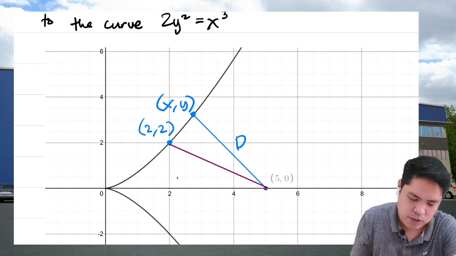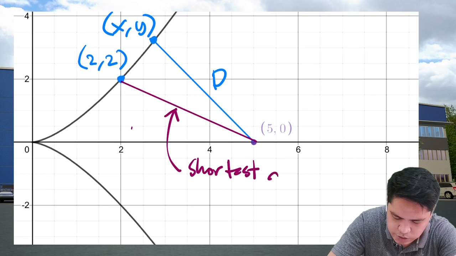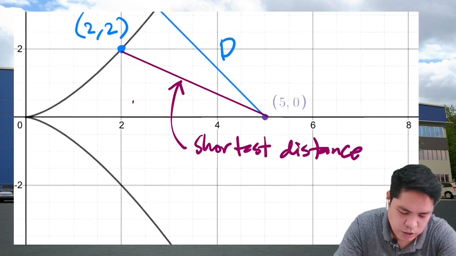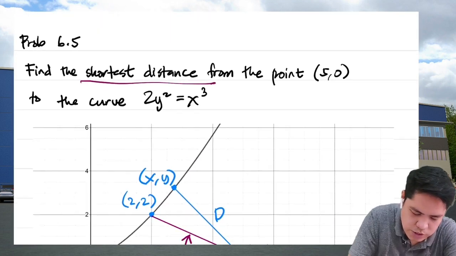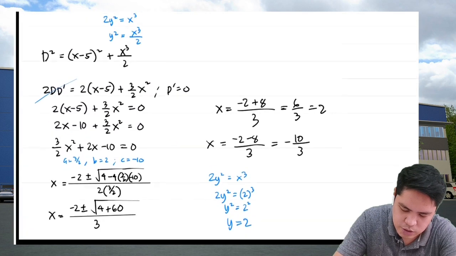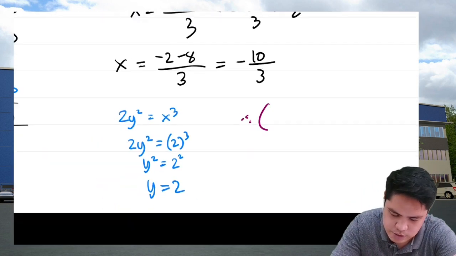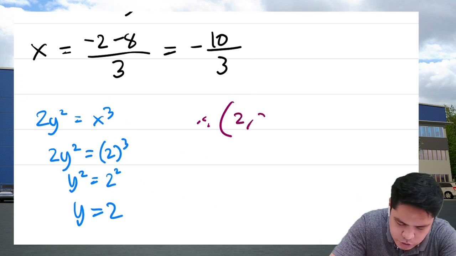That is the shortest distance. For the shortest distance, the nearest point is 2, 2. But what we're looking for is the value of d. So therefore, we say that the closest point to 5, 0 is 2, 2.